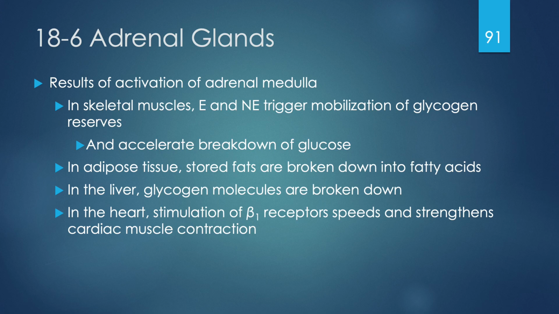Similarly, in the liver, we'll break down glycogen, which produces even more energy. And in the heart, stimulating our beta-1 receptors will speed up and strengthen cardiac muscle contractions, because we're going to need that extra oxygenation to our distal tissues, since our muscles are about to have an increased metabolic demand for both oxygen and glucose.